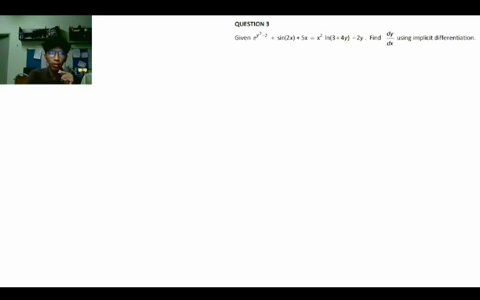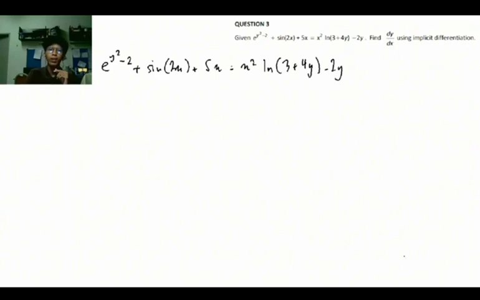The first thing we need to do is write the equation, then differentiate the terms one by one. To differentiate e to the power of y squared minus 2, we need to use the chain rule.